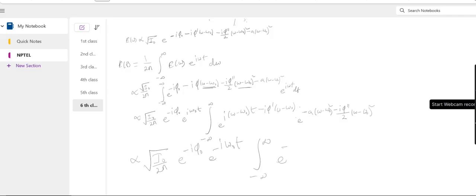We call it e to the power minus alpha omega minus omega naught whole square plus beta omega minus omega naught, d omega.